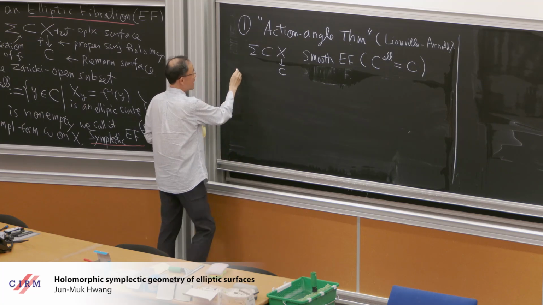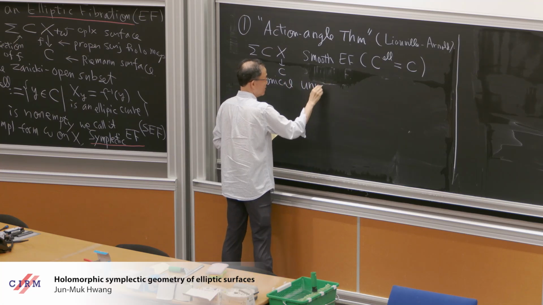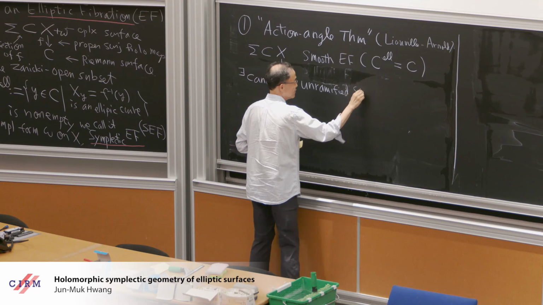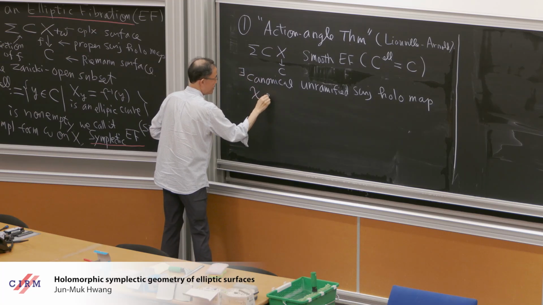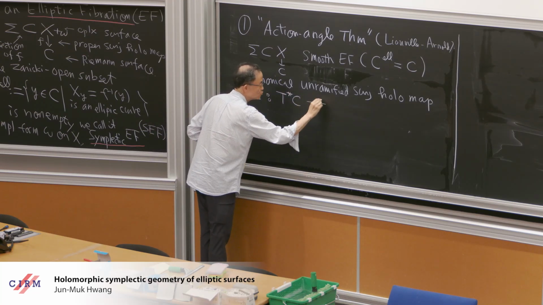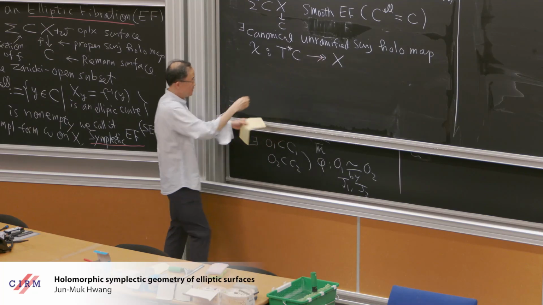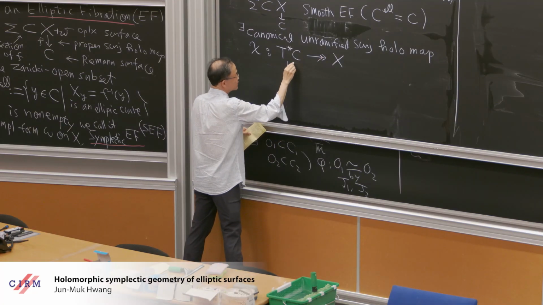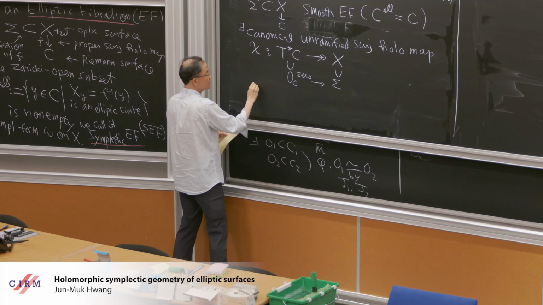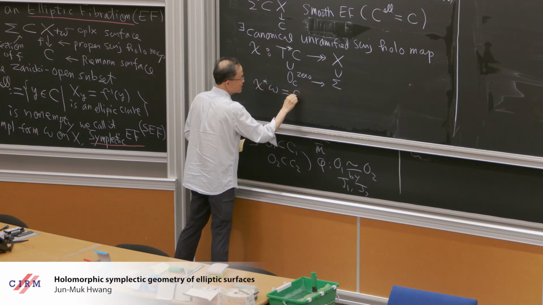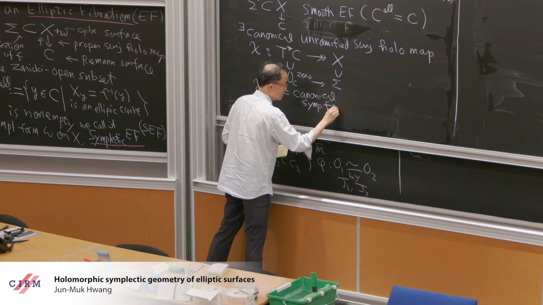Then there is a canonical unramified surjective holomorphic map, Chi, from the cotangent bundle of the Riemann surface to X, such that this sends the zero section to the given section, and the pullback of the symplectic form is the canonical symplectic form on the cotangent bundle.